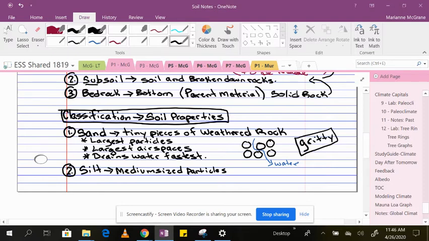And it has less airspace. And it holds more water. Holds more water than sand.